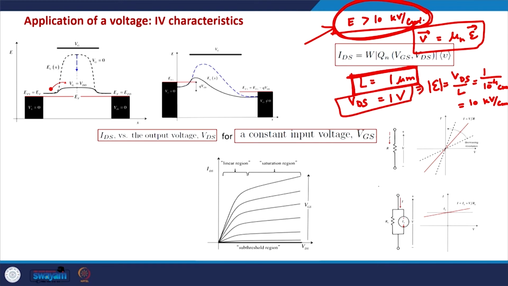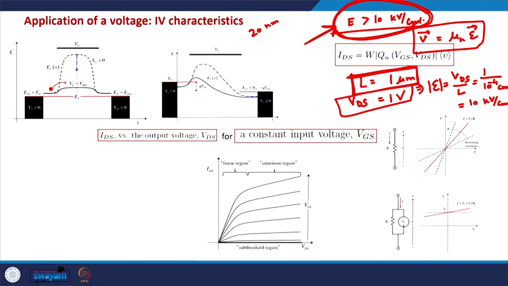So in sub-micrometer MOSFETs, the electric field may be well above 10 kilovolt per centimeter, and in MOSFETs where the channel length is 20 nanometers or 40 nanometers, it is extremely high as compared to this.